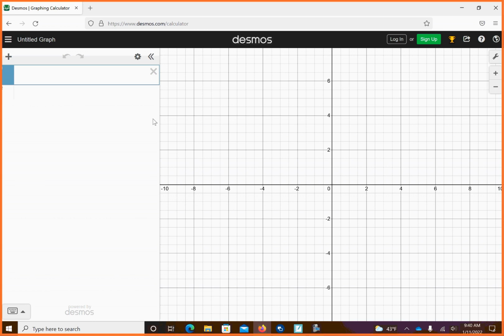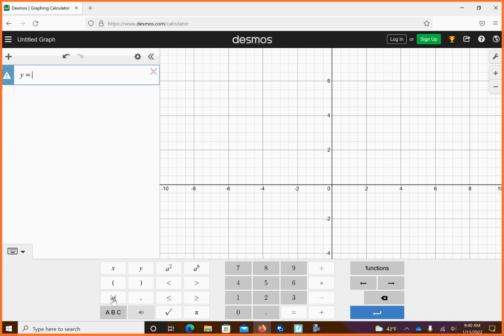So I would like to go to problem number 3. So we have y equals, and then under my keypad I have to find the absolute value. Absolute value of x plus 2.